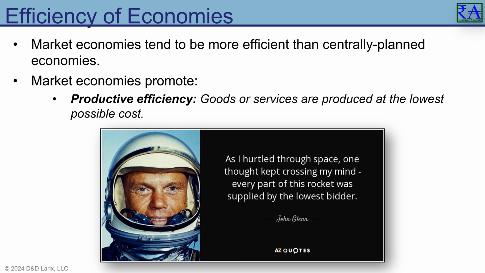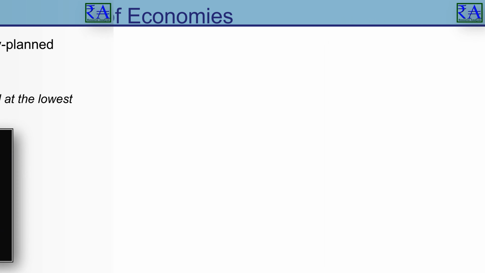For instance, the selection of contractors for space missions like those involving the astronauts, such as John Glenn, often involves choosing the option that delivers the best results at the lowest cost. This is a practical example of productive efficiency in action.